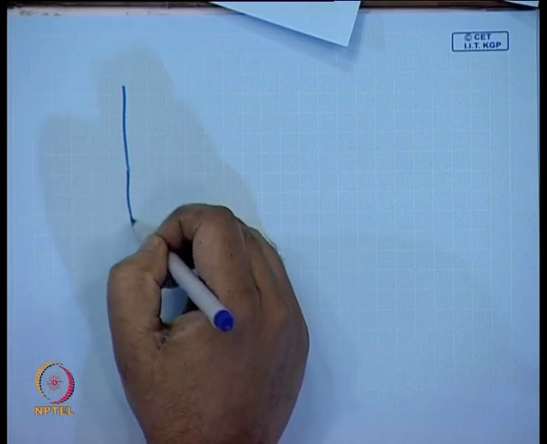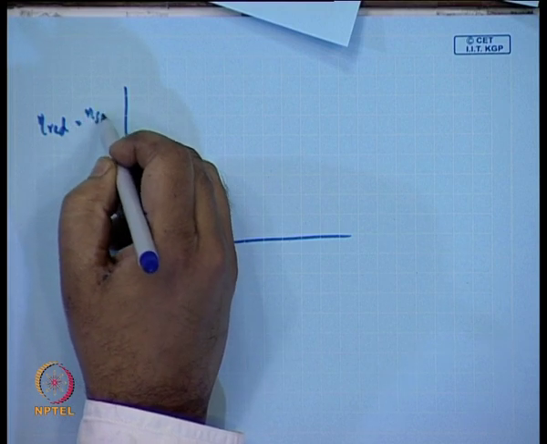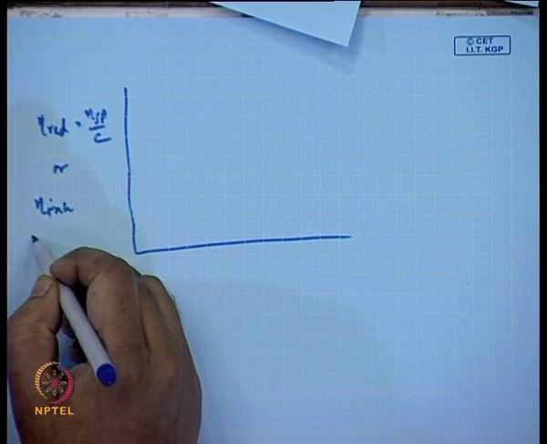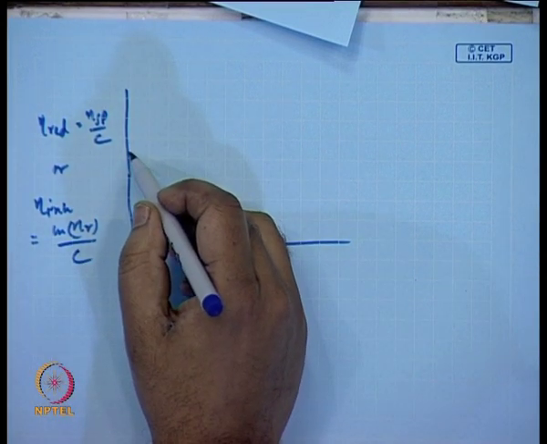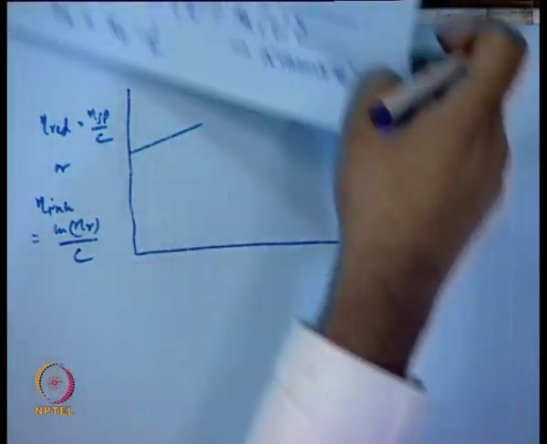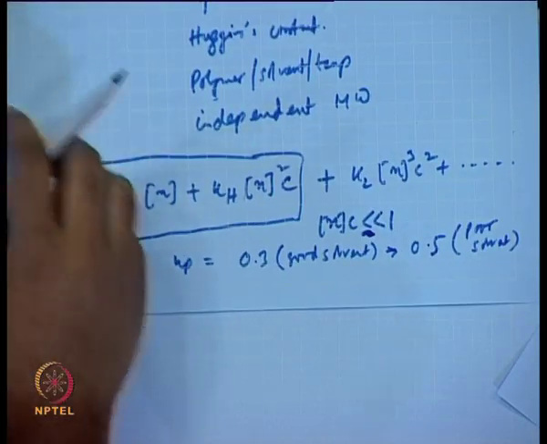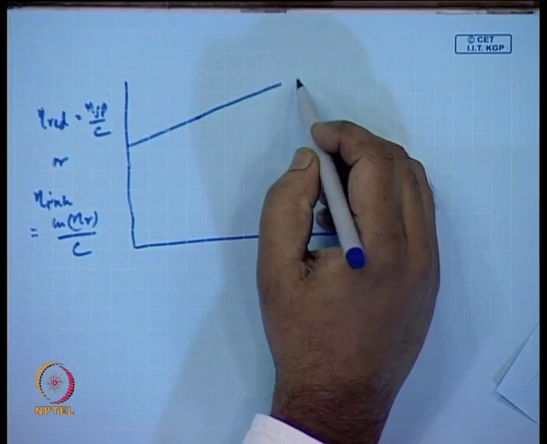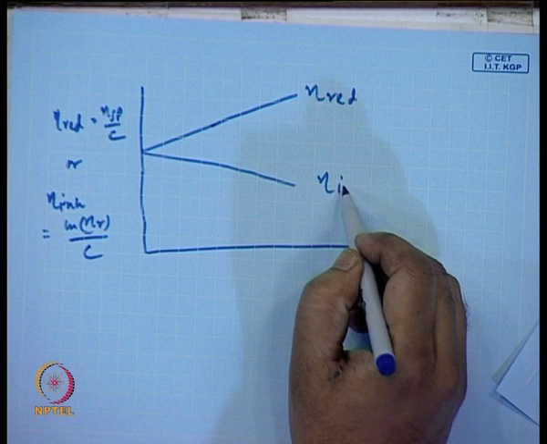I can plot either eta reduced, which is nothing but eta Sp by C, or eta inherent, which is ln eta r by C. In case of Kramer, that constant is negative, so the slope will be negative, and in case of Huggins, it is positive, so the slope will be positive.